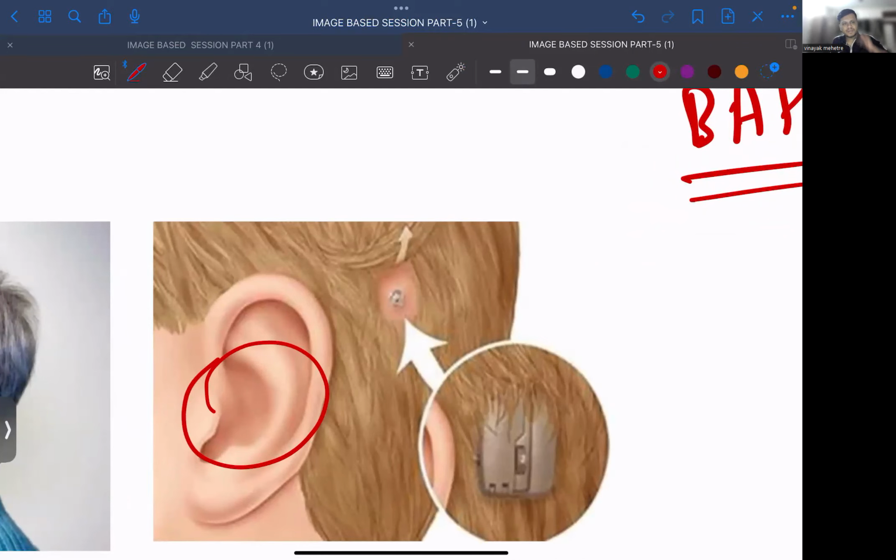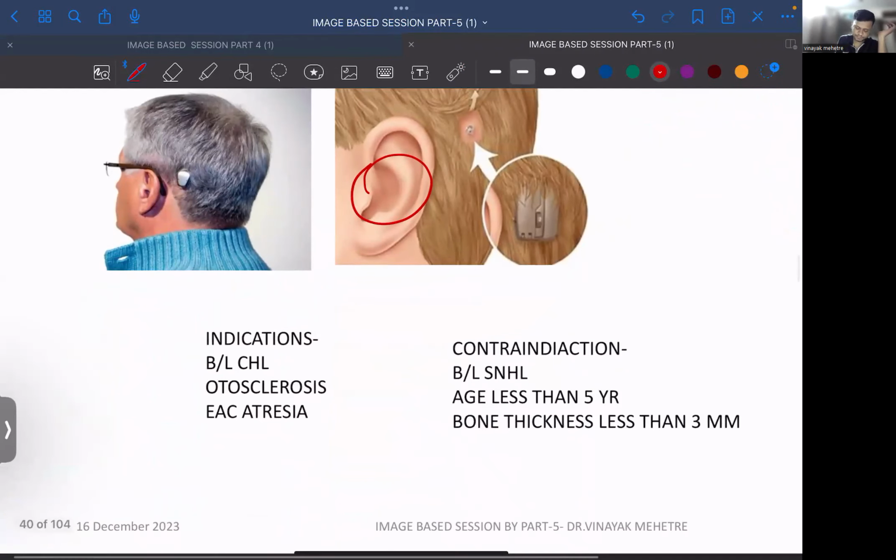The problem present in the external auditory canal or external ear. In that diseases, इसमें प्रॉब्लम कहाँ आ रहा है? कंडक्टिव हेयरिंग लॉस में प्रॉब्लम आ रहा है. So any disease which is going to cause conductive hearing loss, we will use bone anchored hearing aid. Examples: bilateral conductive hearing loss, otosclerosis, external auditory canal atresia, absent external auditory canal.